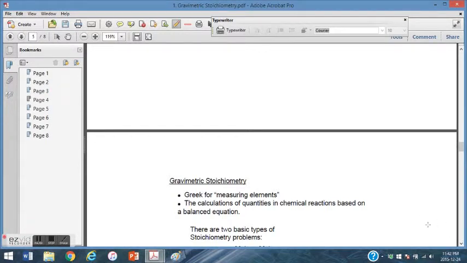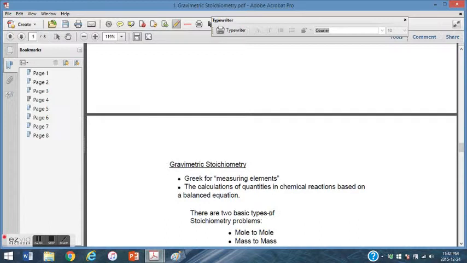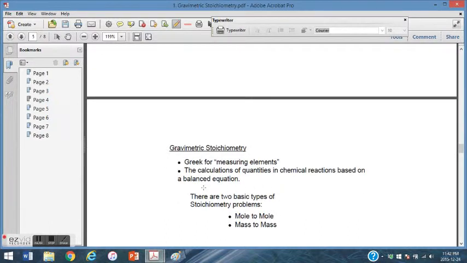Alright. So, gravimetric stoichiometry, with that as our basis, it comes from the Greek meaning basically measuring elements. What we're going to be doing with gravimetric stoichiometry is calculations of quantities in chemical reactions based on a balanced equation.